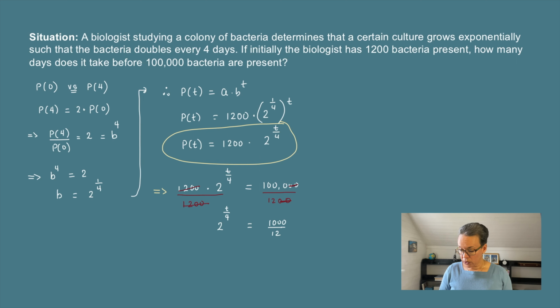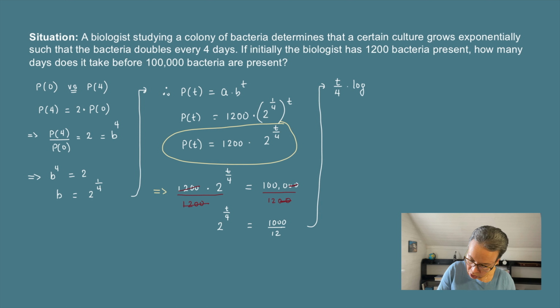And what I want to do now, just like before, is to bring the exponent down because that's where the variable is. So I'm going to take the log of both sides. That means that we're going to have t over 4 times the log of 2. I'm also applying the power rule. I'm doing 2 steps, 2 properties of logs in 1 step. When I take the log of both sides, the next step is to bring the exponent down in front of the log.